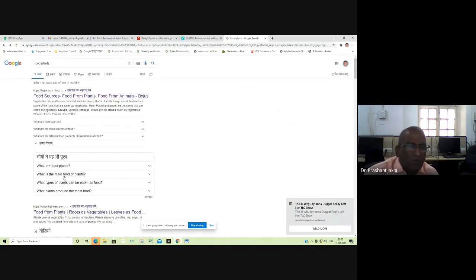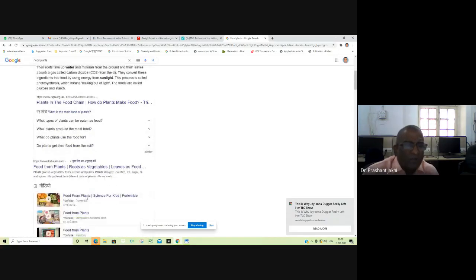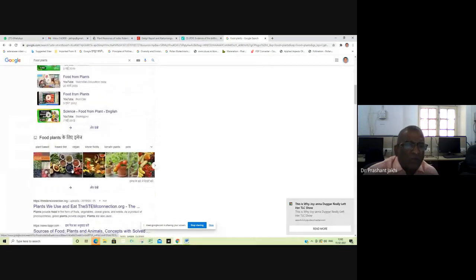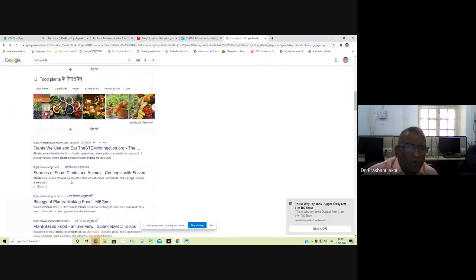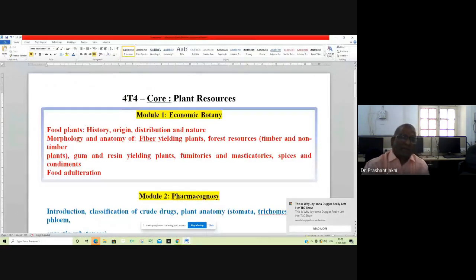Food from plants: roots, vegetable foods. If we go through the variety of different substances which are used as food material, there is an enough list, but we are going to study only cereals and millets, specifically rice, wheat, maize, jowar.